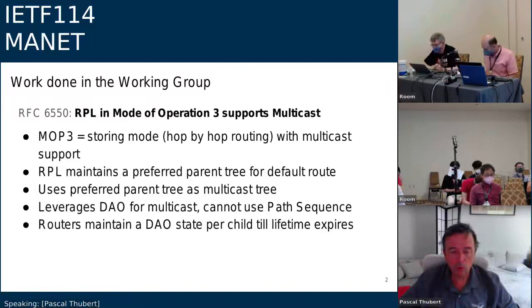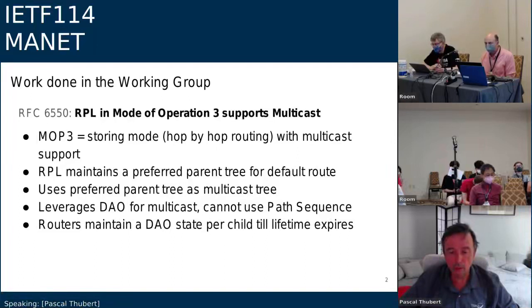So mode of operation 1 is non-storing mode. Mode of operation 2 is storing mode. Mode of operation 3 is storing mode with multicast. What it means is inside the DODAG, there is what we call the preferred parent tree, and we use that tree as the multicast tree, basically.